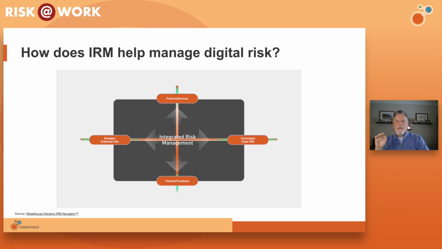It looks to provide not only a view of how that risk can be better understood and directed through policies and procedures, or in other words, simply controls to mitigate the risk levels within the organization, but also how those controls, policies, and procedures fit into the delivery of products and services at the top.